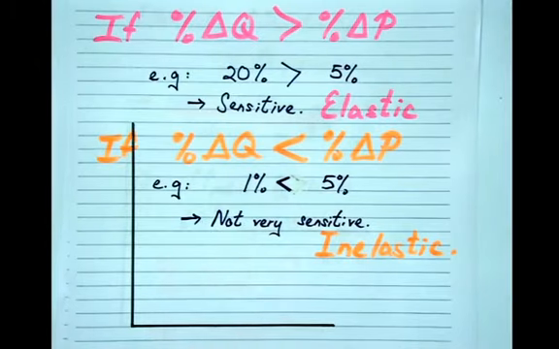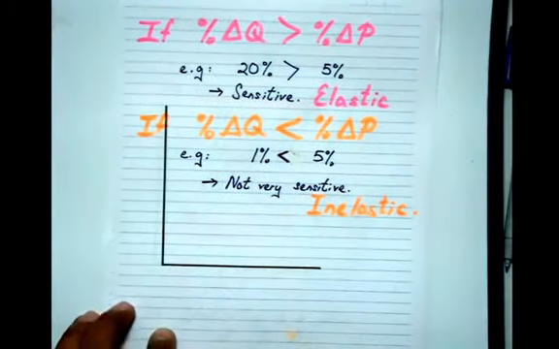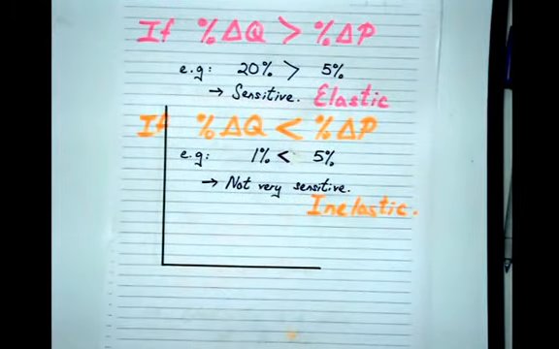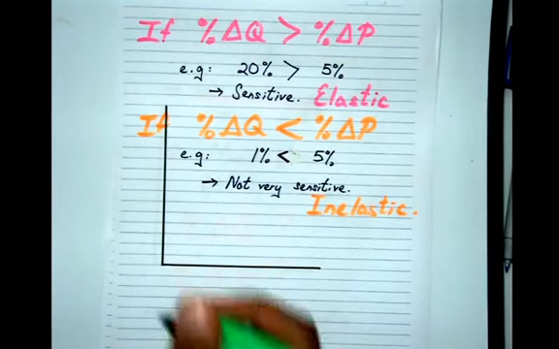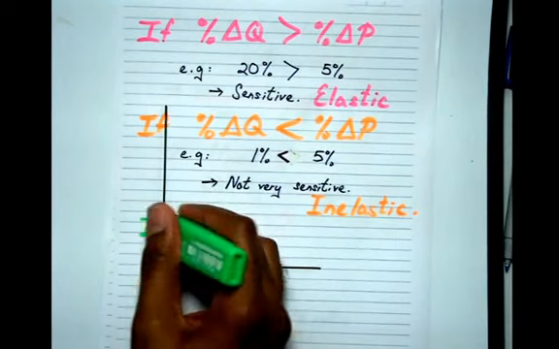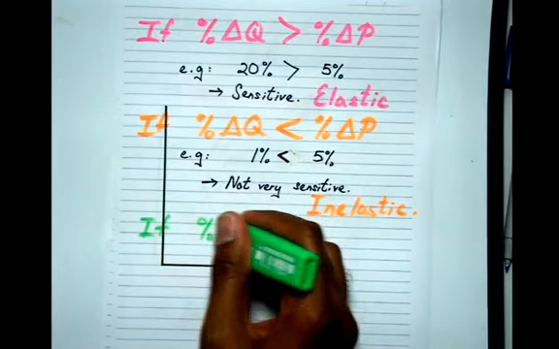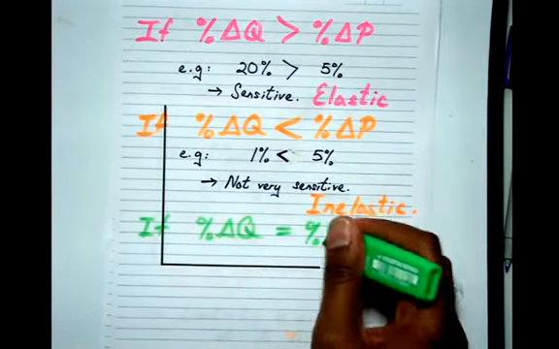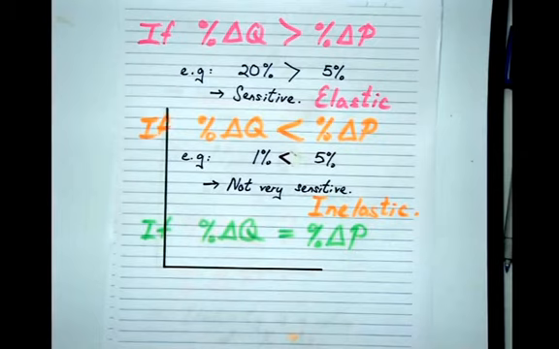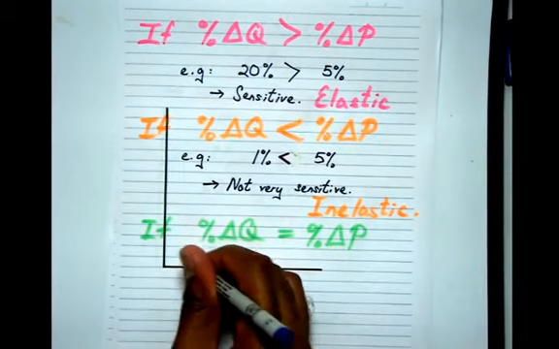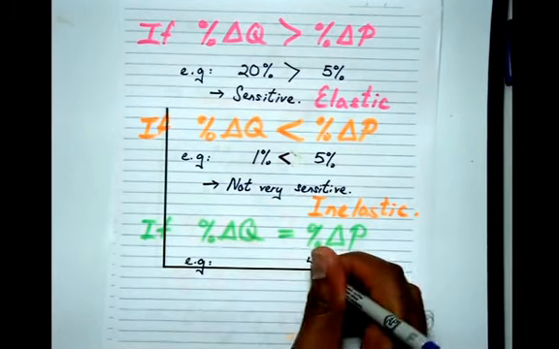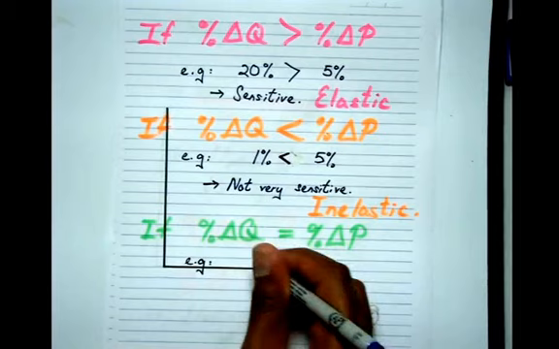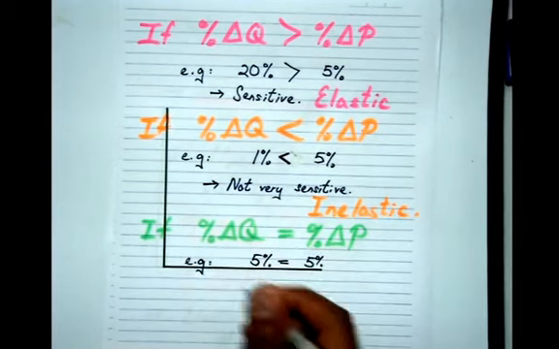Now, what's the third possibility? The third possibility is they could be the same. If the percentage change in quantity equals the percentage change in price, so they have a 5% off everything sale, and the quantity also changes by 5%.